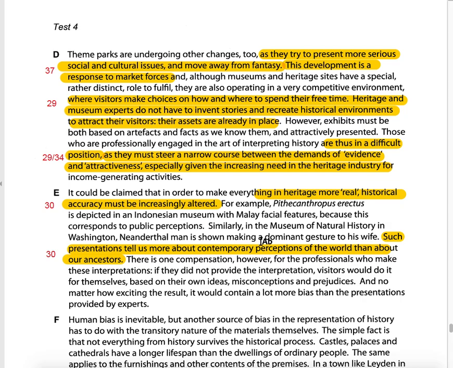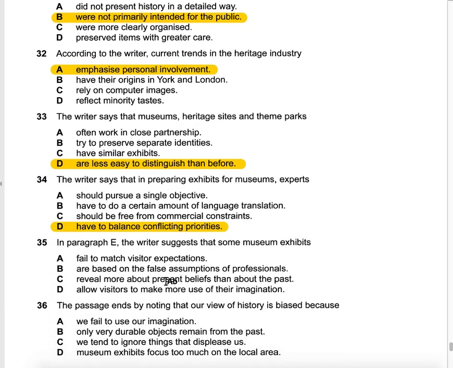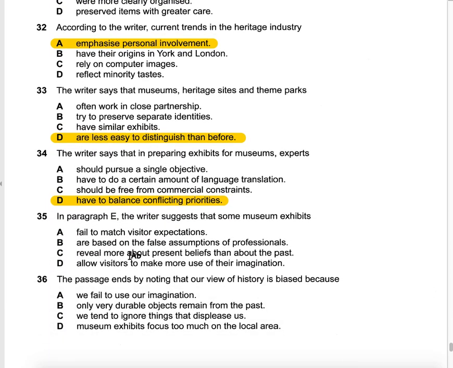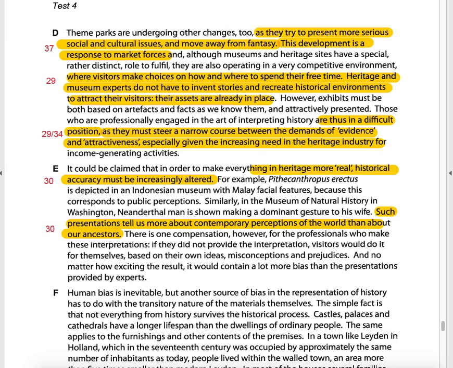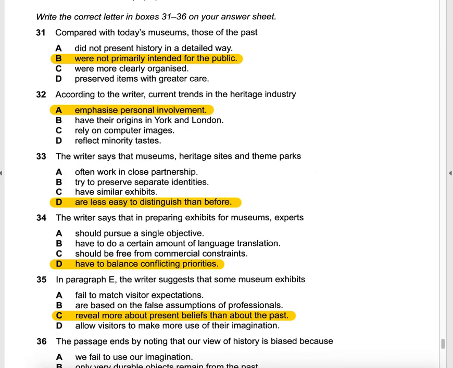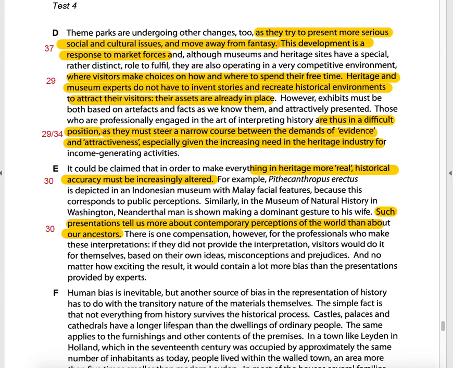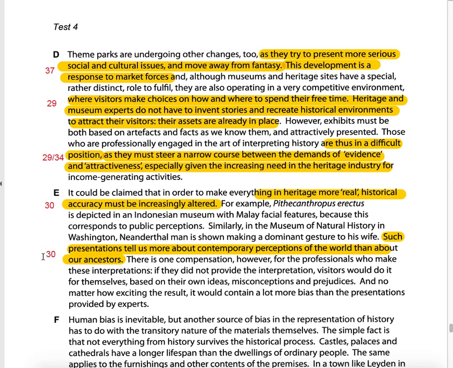So what we think now instead of the past. That one sounds to me like C. Reveal more about present beliefs, contemporary perceptions, than about the past. Okay? Again, that was 35. So here, 35 as well.